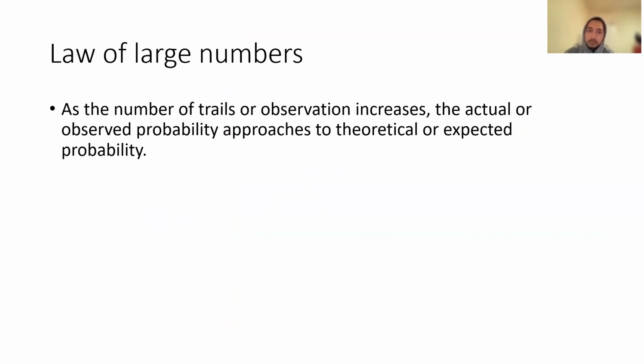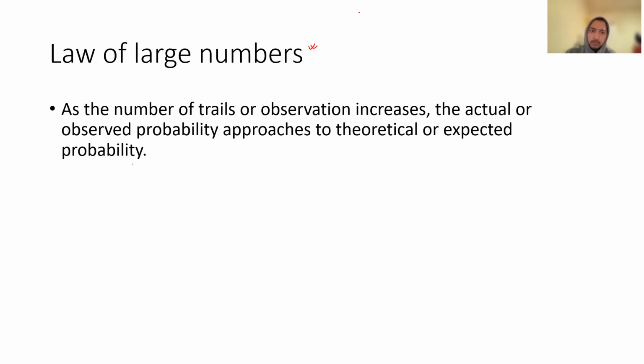Then comes the law of large numbers. This is often asked in interviews: what is the law of large numbers? The law of large numbers says that as the number of trials or observations increases, the actual or observed probability approaches the theoretical or expected probability. What does it mean?